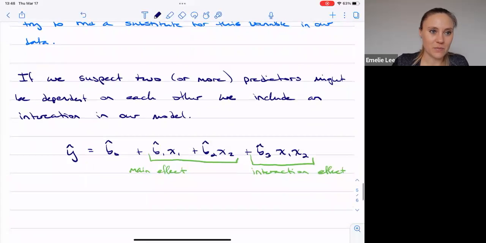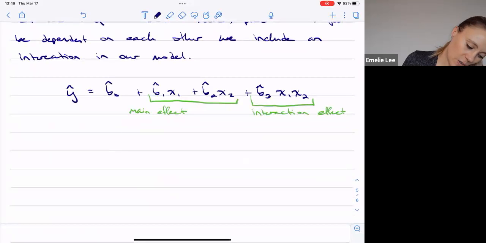Luckily, because I'm almost completely out of time, here's where we go into residual analysis, right? So regression diagnostics.